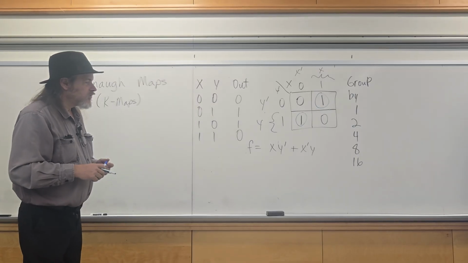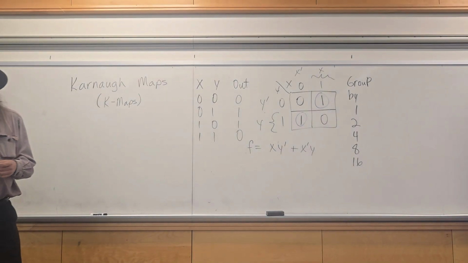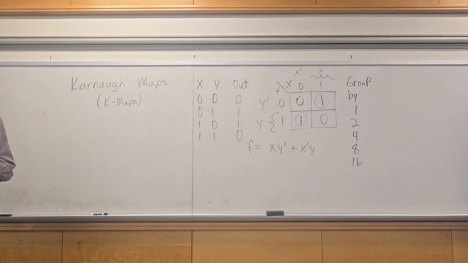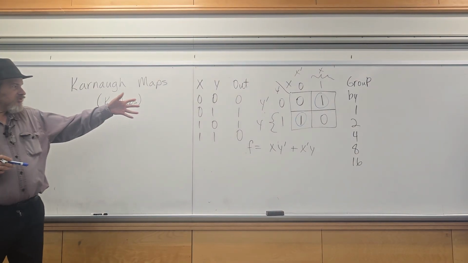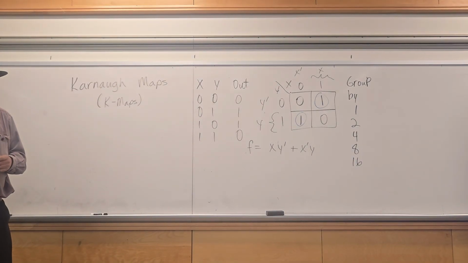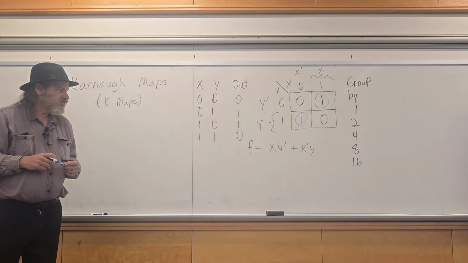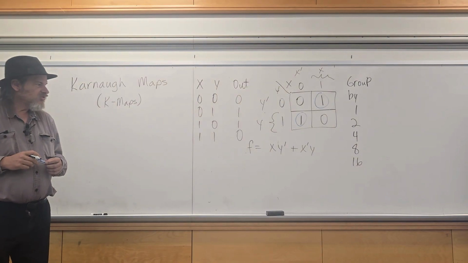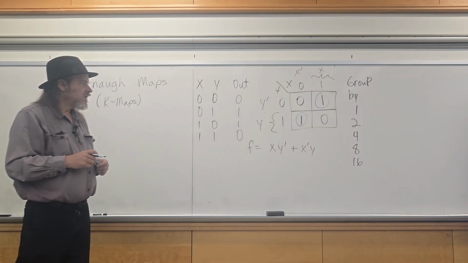You can work through all the 16 combinations of functions that you can do with 2 variables, like we did before the break, and see that it simplifies to the various expressions that you get.